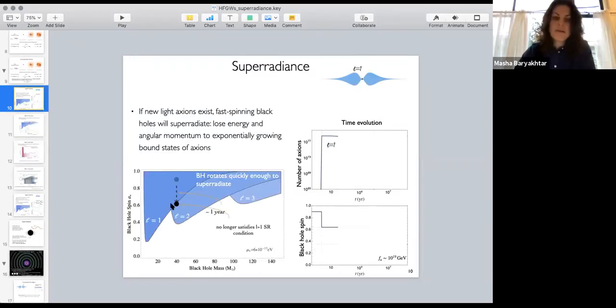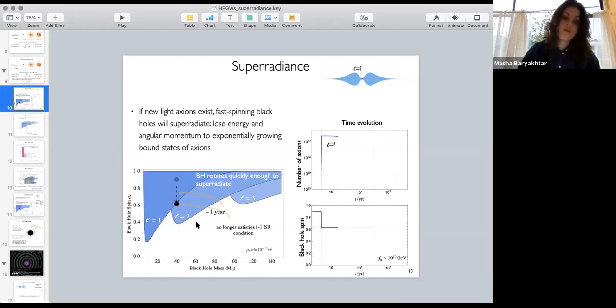Say we already have a bunch of L2 particles here. The superradiance rate is proportional indeed to the number of particles that are in the final state. There's a difference between the L equals 1 mode and L equals 2 mode, about a factor of 1,000,000 or so in rate, as you can see from this figure.